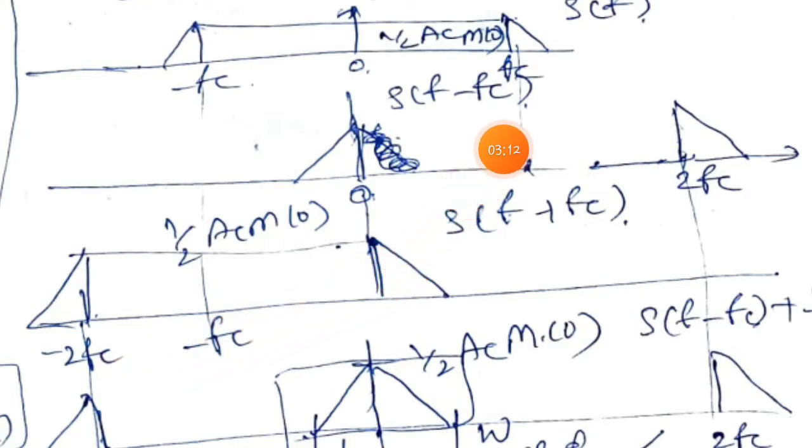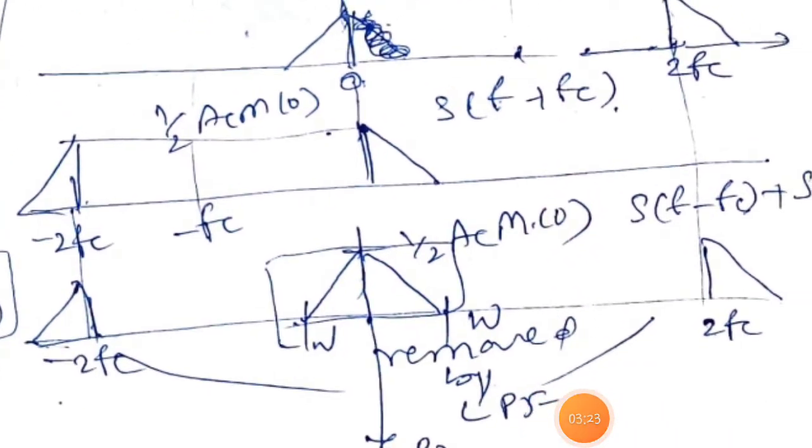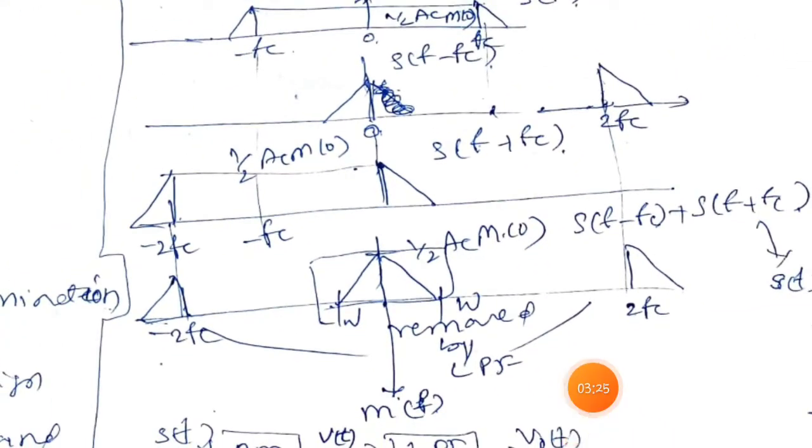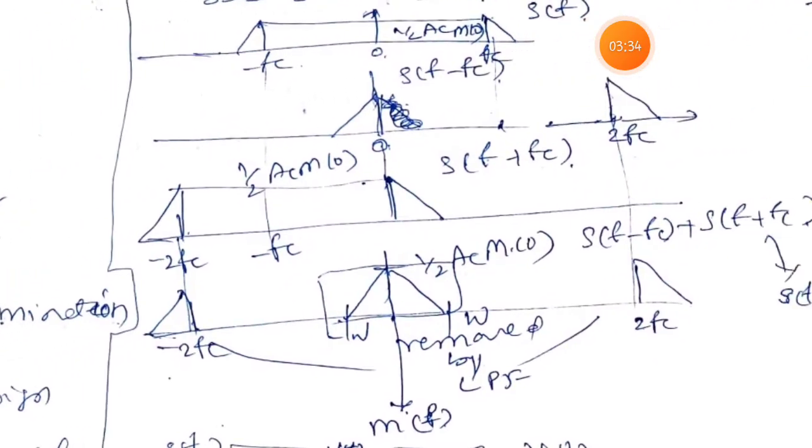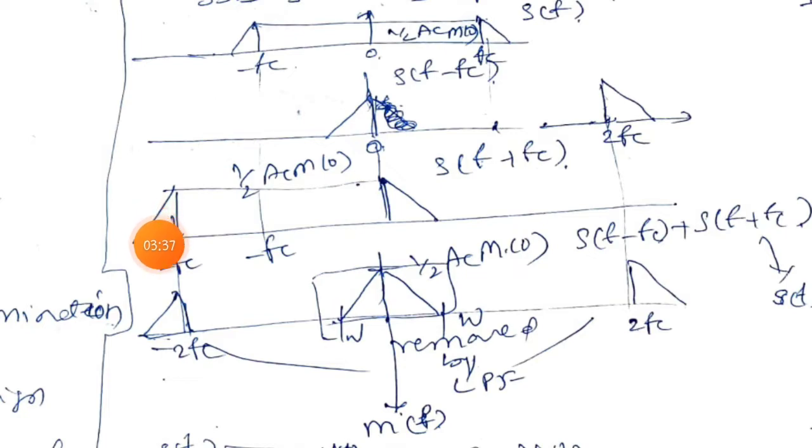Now we got two spectrums, S(f minus fc) and S(f plus fc). So add the two spectrums. After adding, this one comes down, and similarly this one comes down. This triangle is added and this triangle is added.